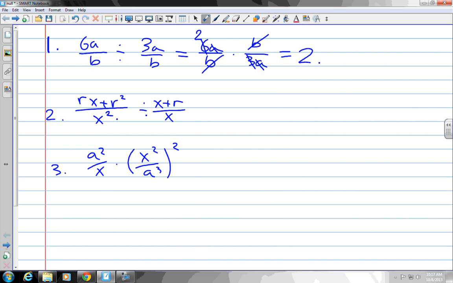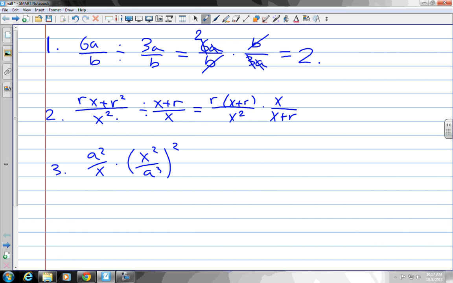What about the second one? Okay, what should I do with the first one? Factor r out. x plus r over x squared times x over x plus r. Right?